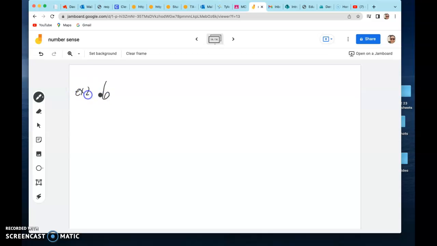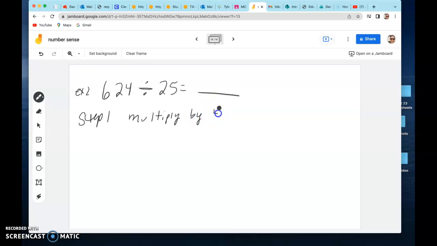Example 2. 624 divided by 25. Step 1. Multiply by 4.